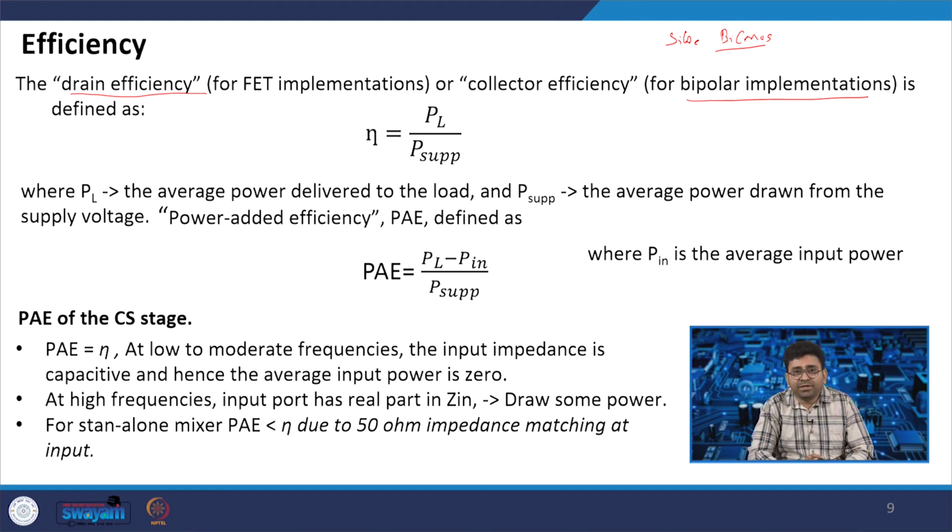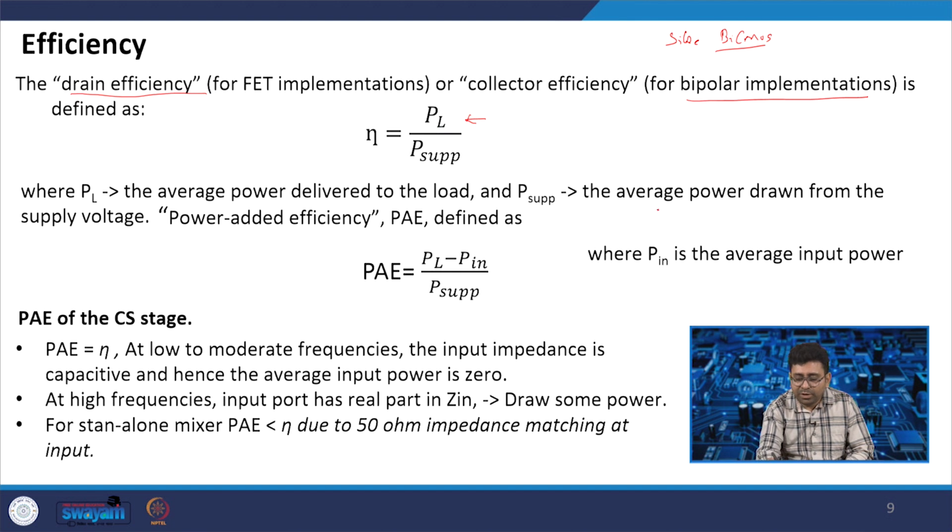So, the drain efficiency is given by PL, the average power delivered to the load, divided by the power supply.